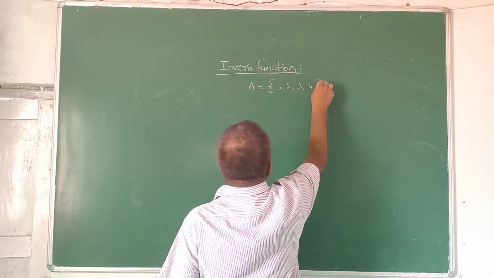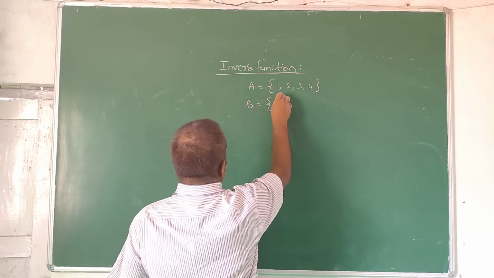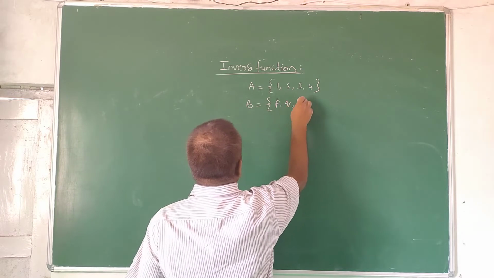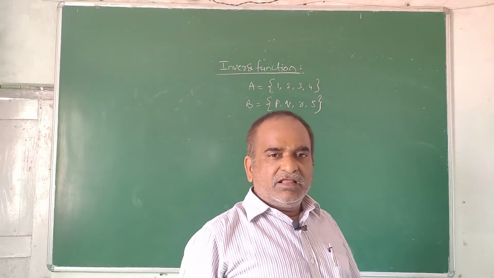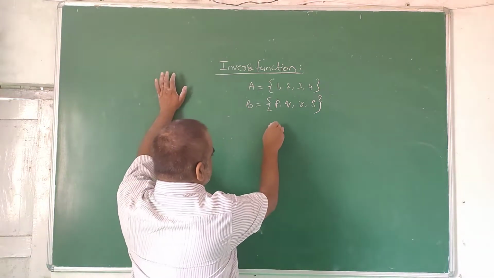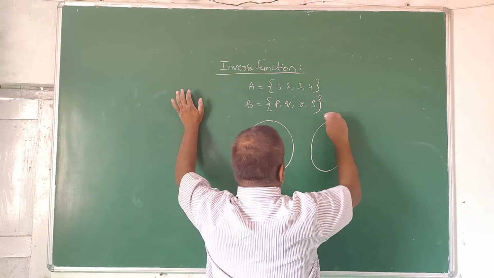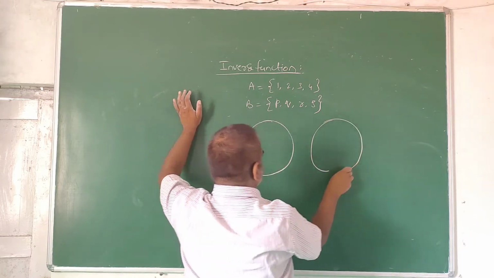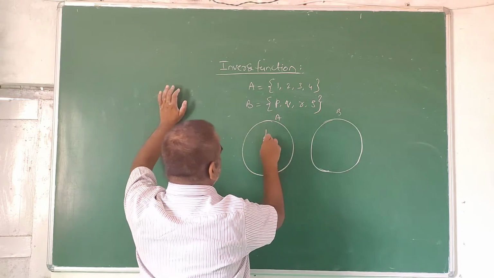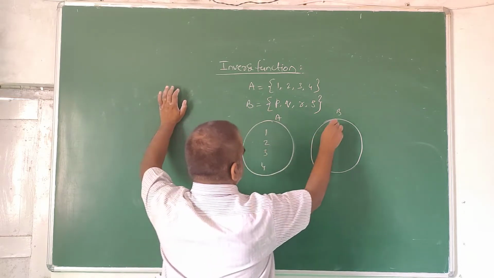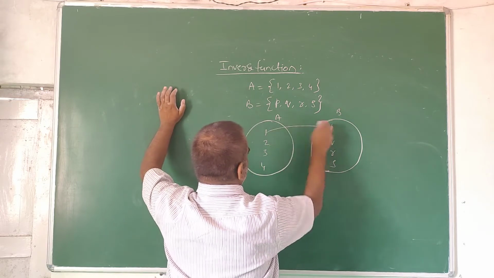Say B is equal to p, q, r, s, something. Only example. Now I am taking a bijective function f from A to B. How I am taking, you see. So like this I am taking.